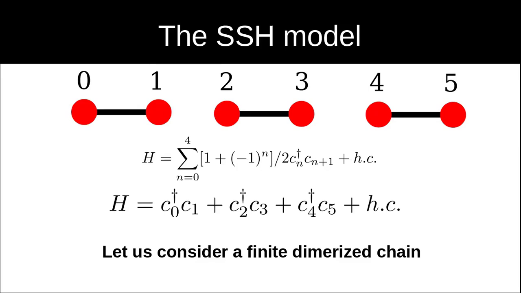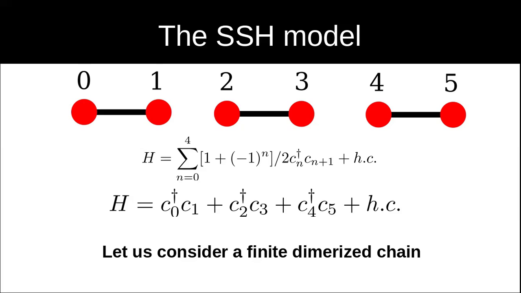Okay, so we are going to take a one-dimensional lattice. We are going to take a one-dimensional chain. And this one-dimensional chain is relatively special. So instead of having one site per unit cell, we are going to have two sites per unit cell. And we are going to take the extreme case where the chain is dimerized, meaning that we have a hopping between 0 and 1, hopping between 2 and 3, hopping between 4 and 5, but we don't have hopping between 1 and 2, and we don't have hopping between 3 and 4.